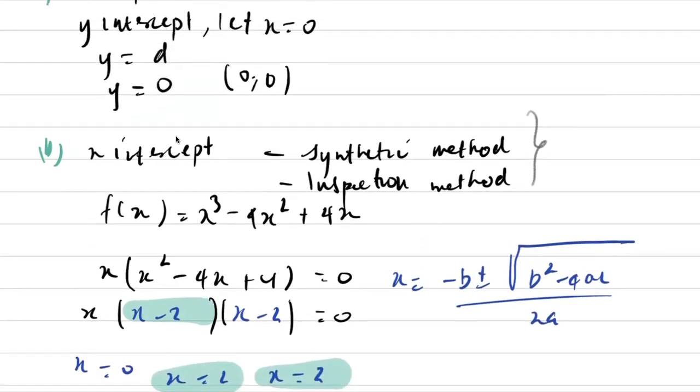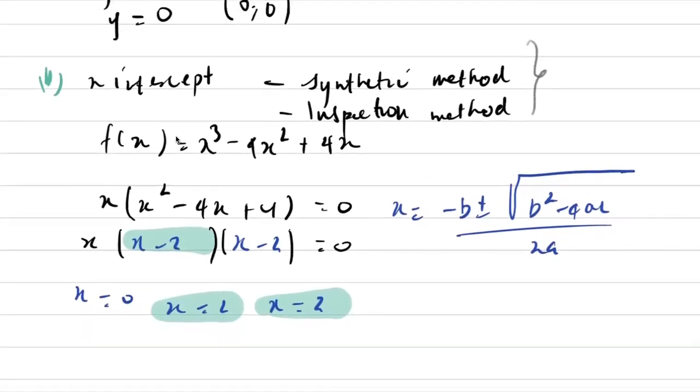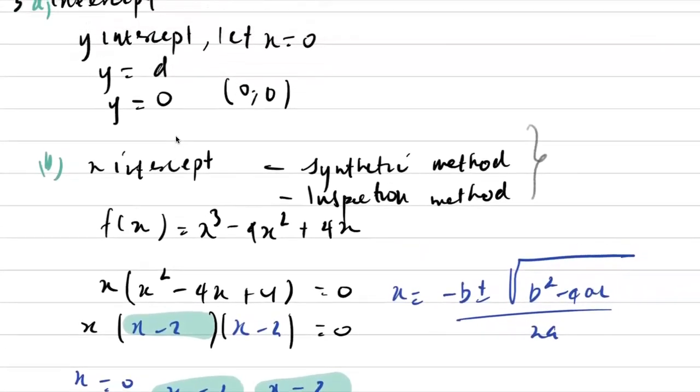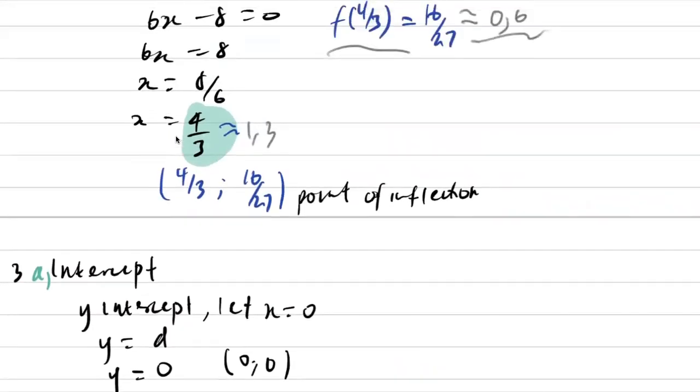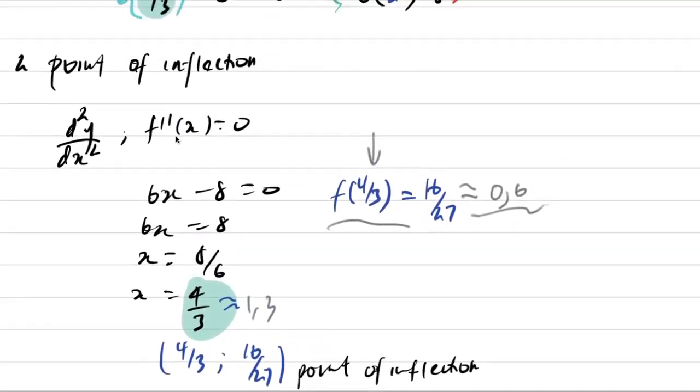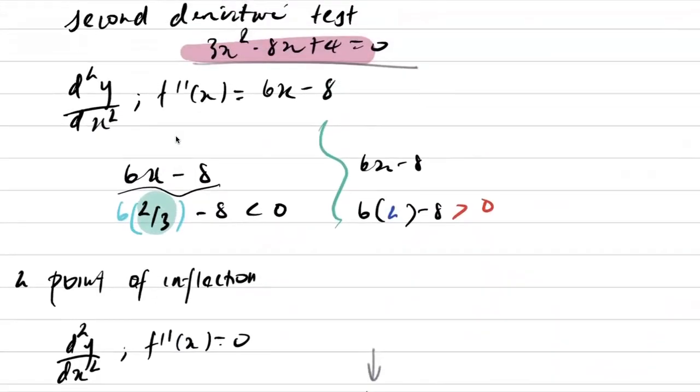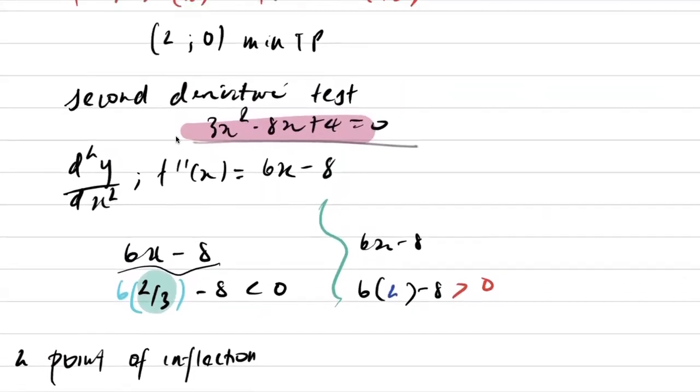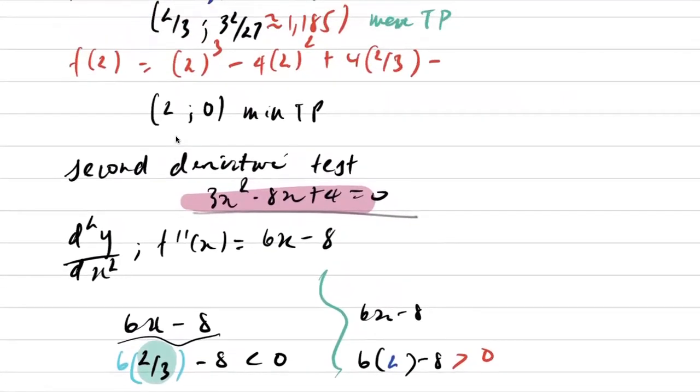And I know that because I want to scroll back a little bit and show you something. I will come back to the graph as well. When we go back, one of the turning points was at 2 and 0.